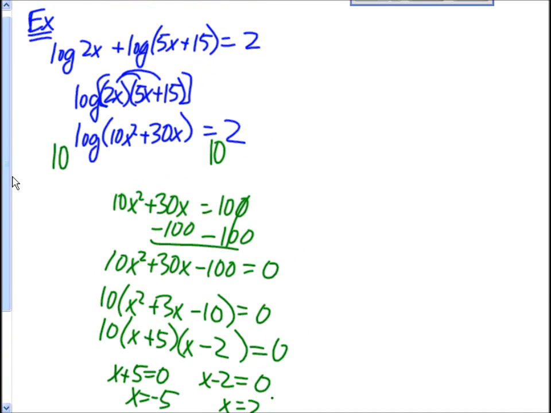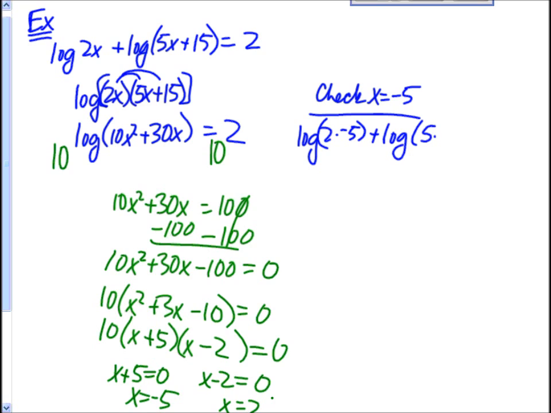So let's plug in, how about that negative 5? All right, so we got log of 2 times negative 5 plus log of 5 times negative 5 plus 15, that should be equal to 2.